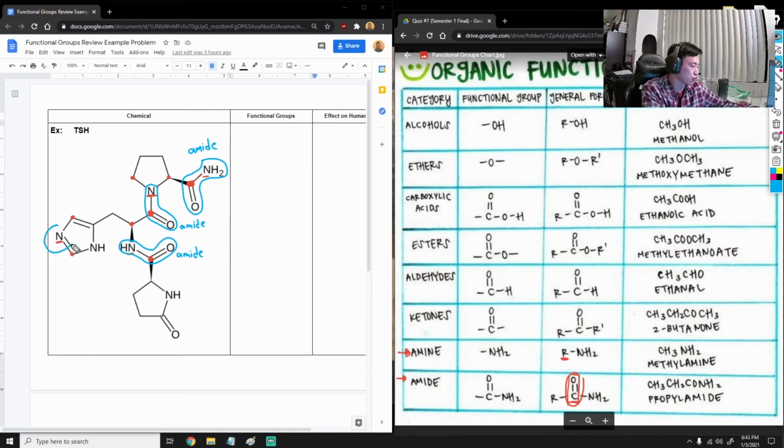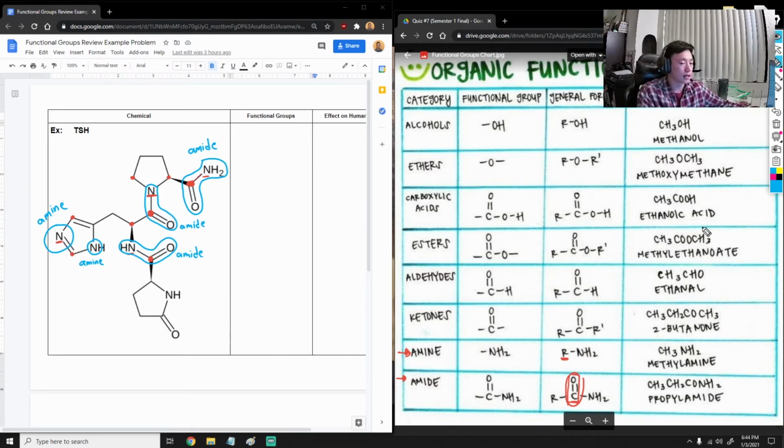If you look at the other nitrogen right here, this one also is an amine because there are no carbons double bonded to an oxygen anywhere close to it. So those are all of our amines on this side of the molecule.